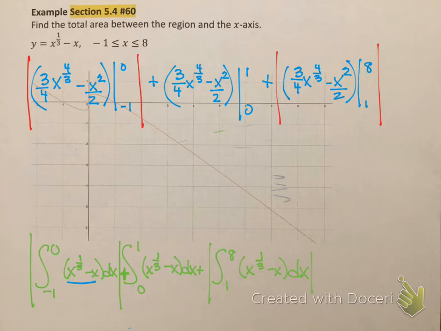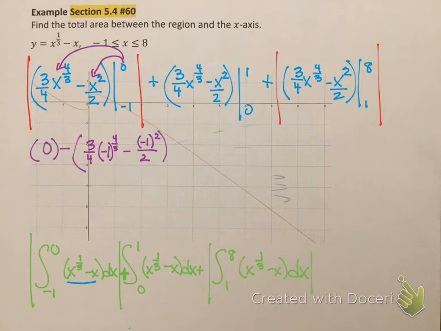Are you comfortable that when you plug in 0 here for x and x, that you will get 0? And when you plug in a -1, you will get 3/4 times -1 to the 4/3 minus -1 squared over 2.